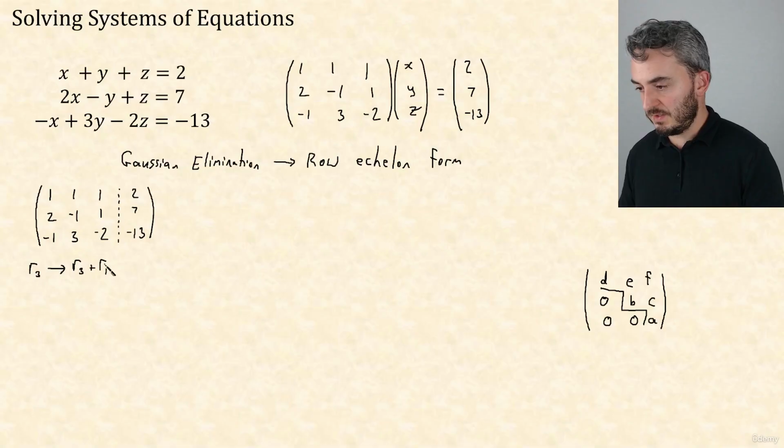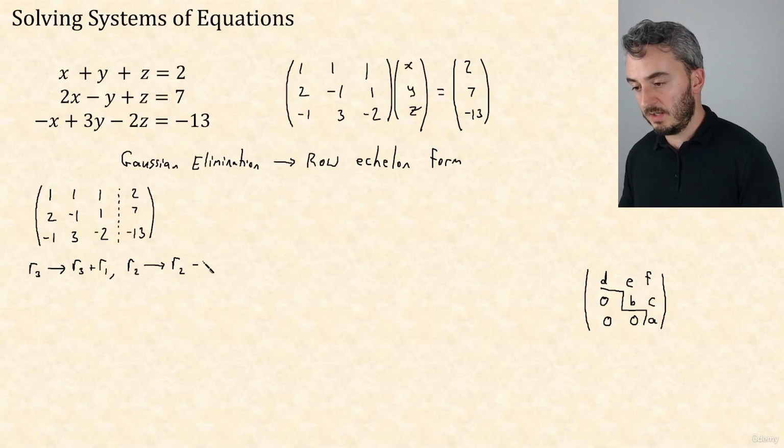So doing this is going to get rid of that minus 1 there to give me the 0 that I need here. And then I also want to make this term 0 as well. And I can do that by saying row 2 is going to become, well, look, if I take my old row 2 and I subtract 2 times my old row 1, then it'll be 2 minus 2 there.